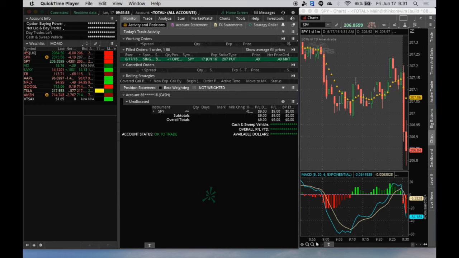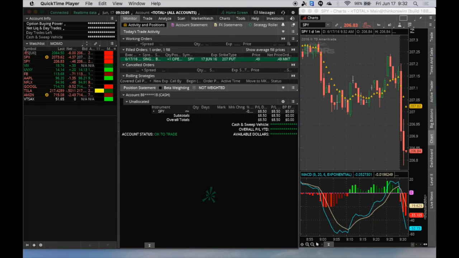So after commission, it was minus $2. That's just because I was expecting it to go lower, based off the MACD, and it shot up too quickly, and I wasn't able to lock the profit that I was looking for.